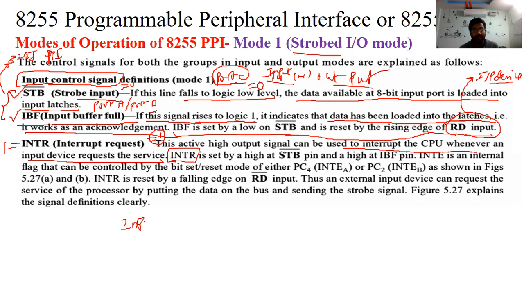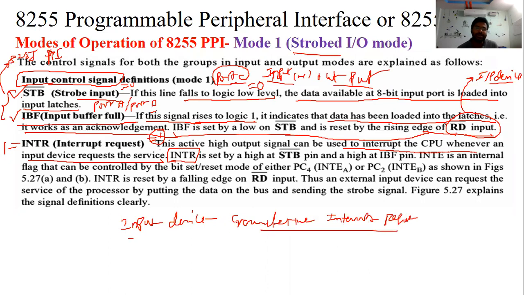This input device generates the interrupt request. Why does the input device generate the interrupt request? Once the 8255 generates the strobe signal and the strobe goes low, whatever data is available in the input device is loaded into that port.